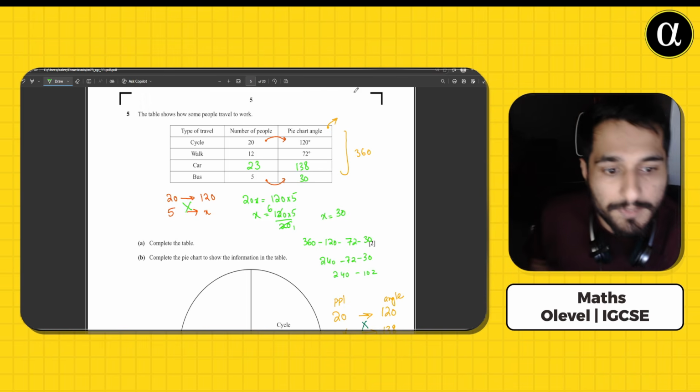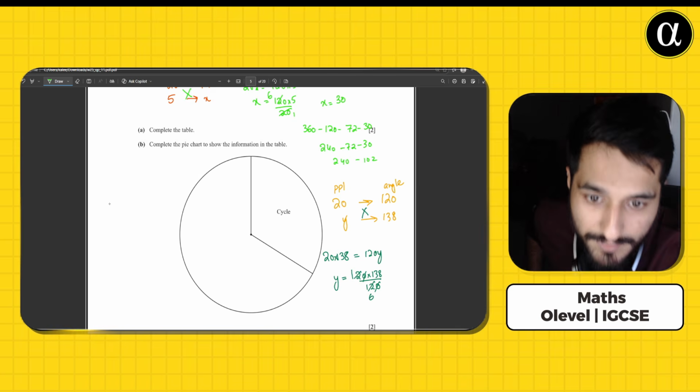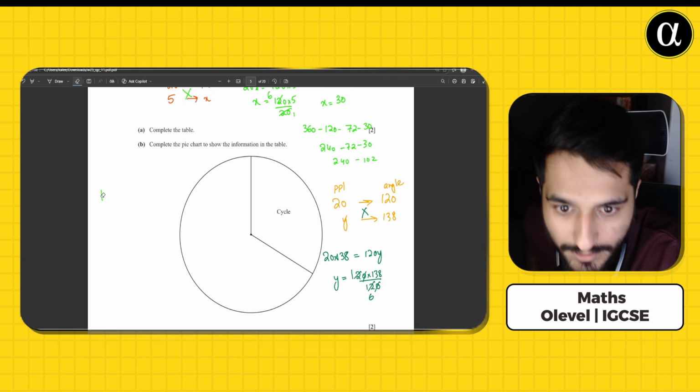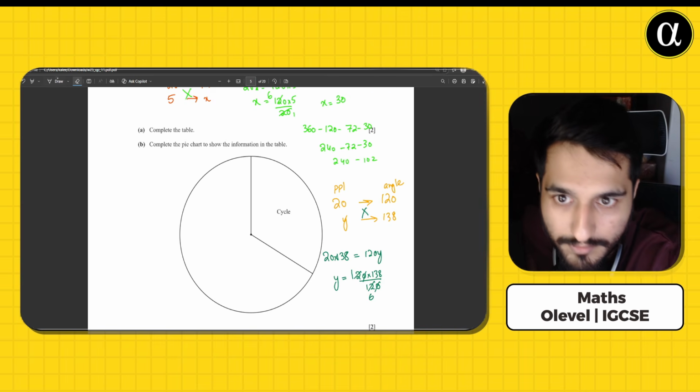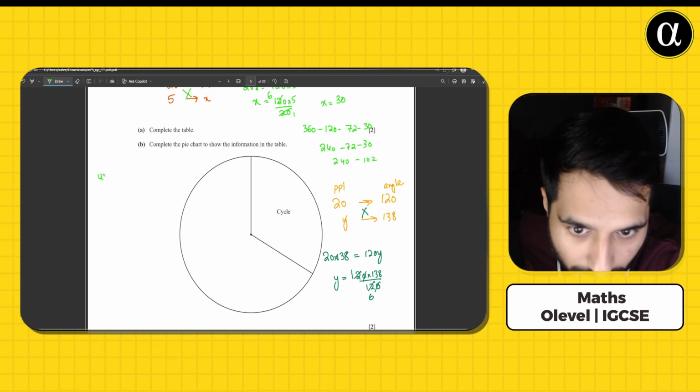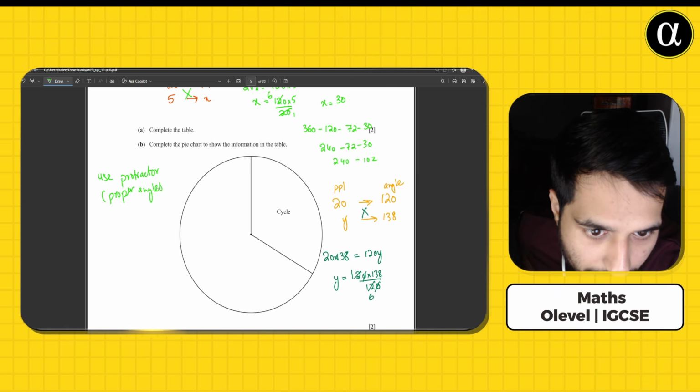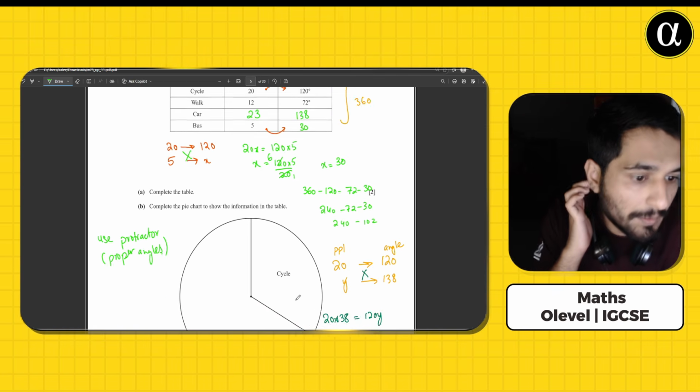Now we're supposed to complete the pie chart. This must be done with the help of a protractor. I don't have a protractor over here, obviously, because I'm solving this digitally, with proper angles being measured. But we'll do it.